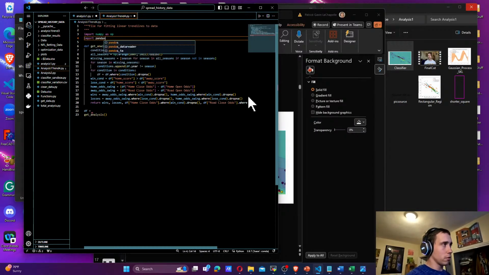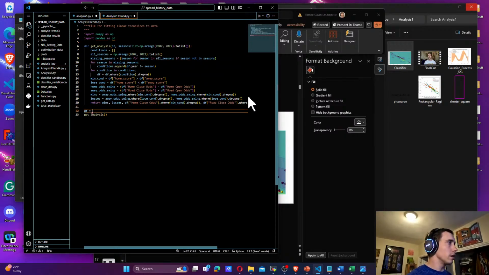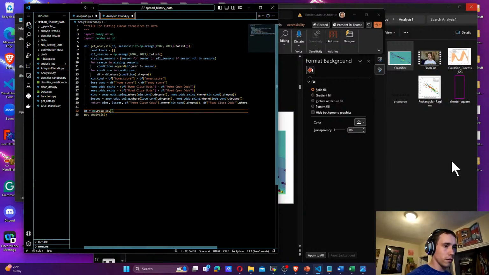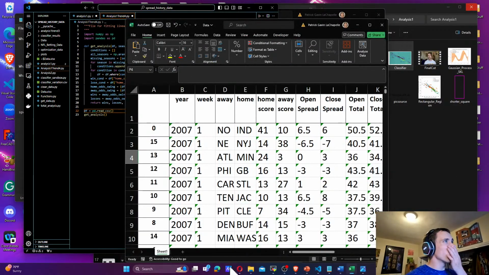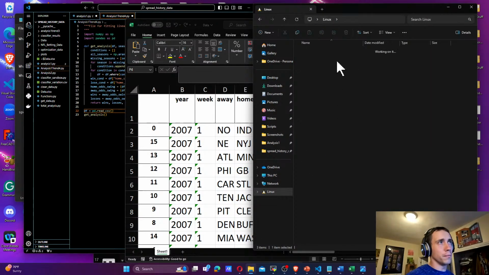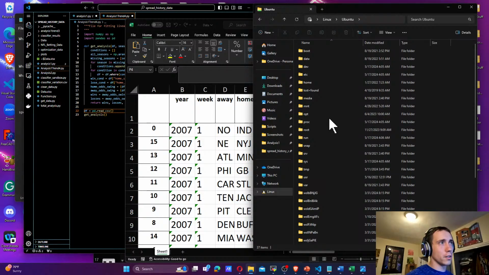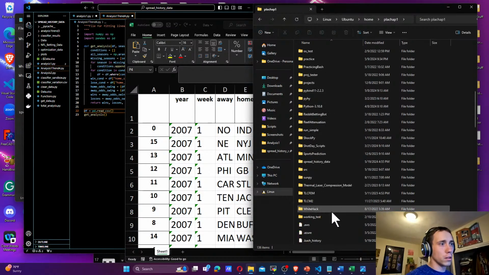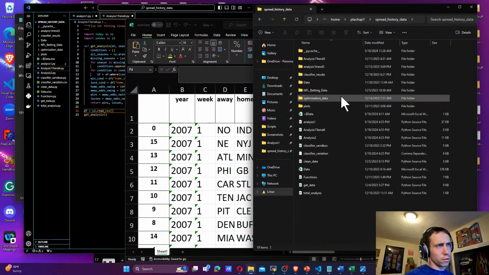So import pandas as pd, and then df equals pd.read_csv. What's the file called again? Data/data, or is it just in data? Spread history data. Oh, yep, data. Data.csv.